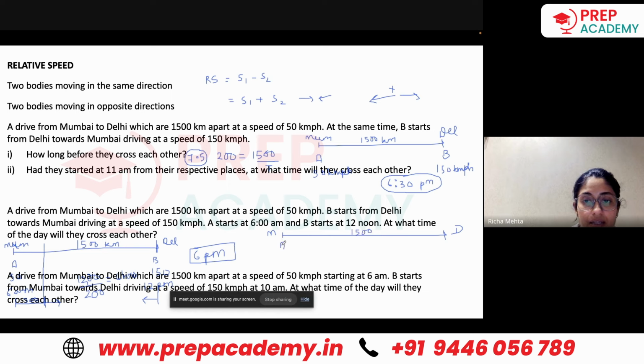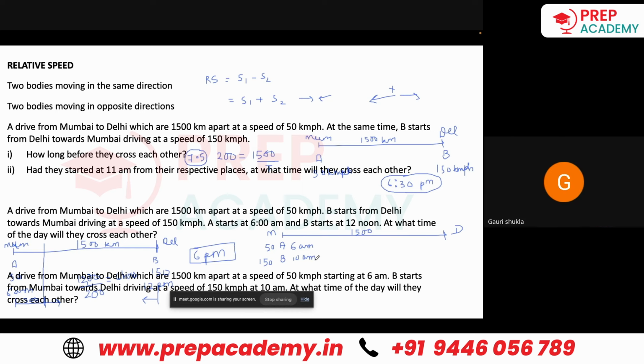A starts with a speed of 50 kilometers at 6 a.m. And B also starts from Mumbai to Delhi. That is the catch over here. B is also going in the same direction at a speed of 150 kilometers, but B starts at 10 a.m. When will they cross each other?